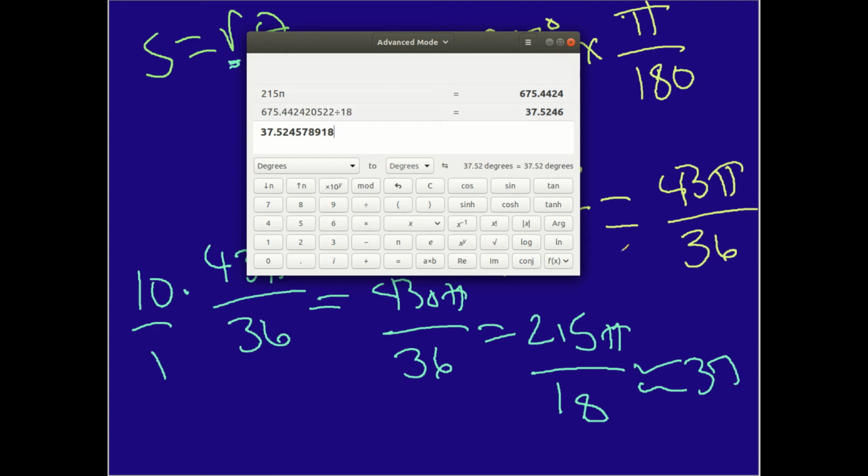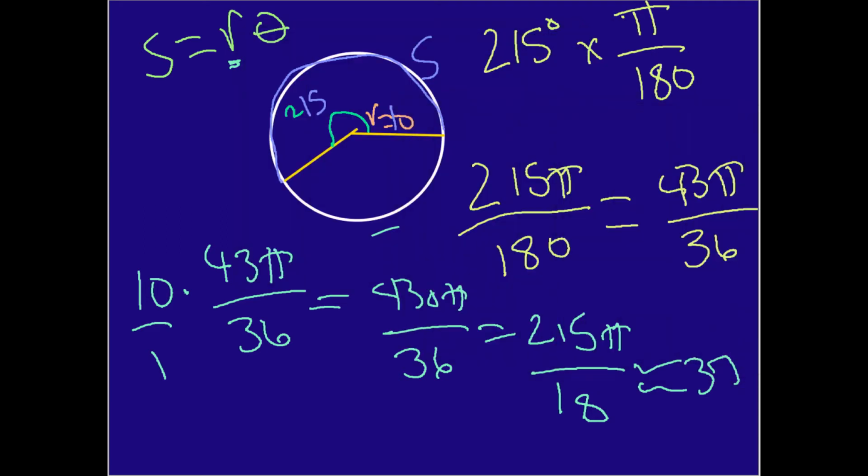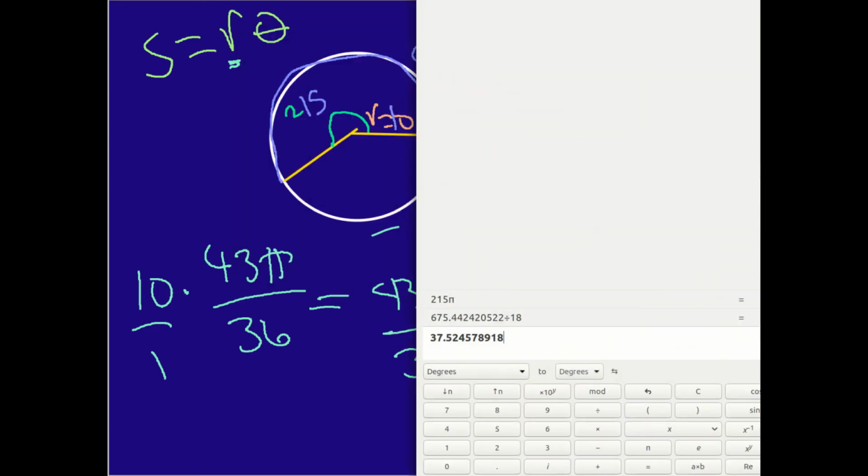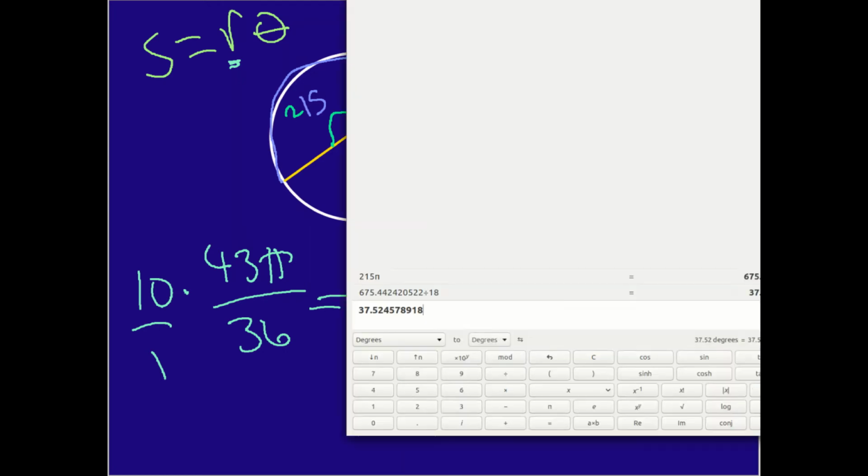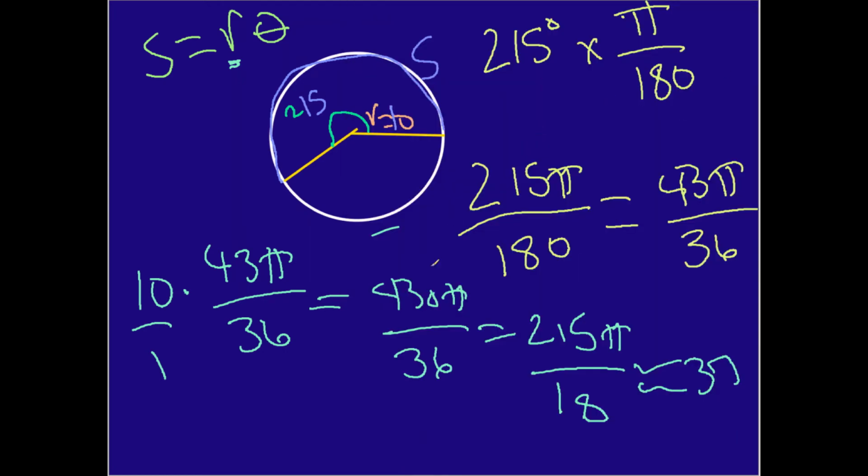You can see 37.52 is the technical answer, 37.524578918, if you really want to know. So there you have it. That is your answer. S equals about 37.5. So the distance from this point right here all the way over to this other side is about 37.5 units. That's what we learned here.